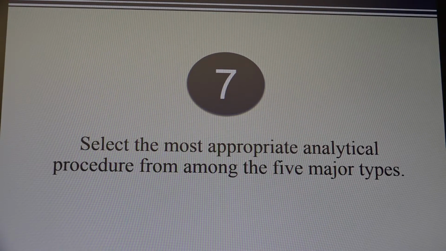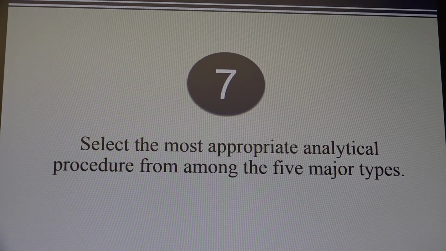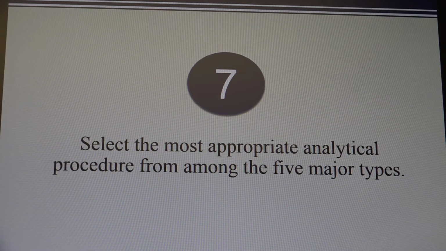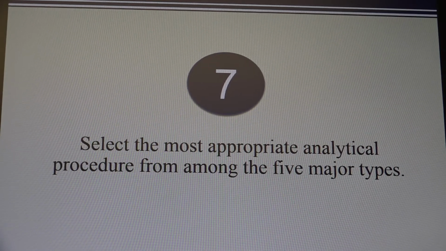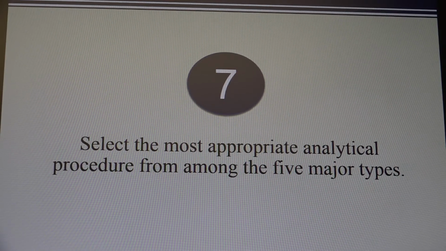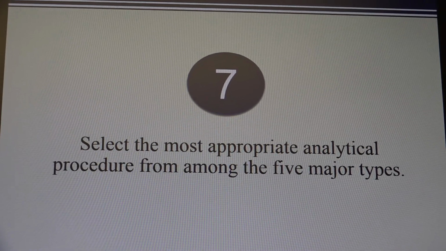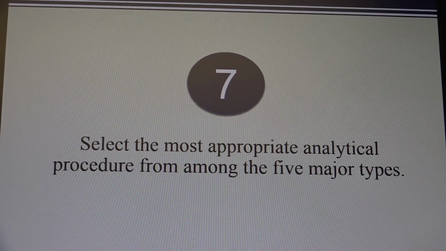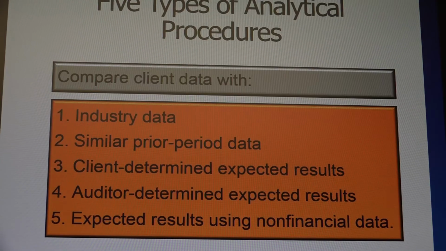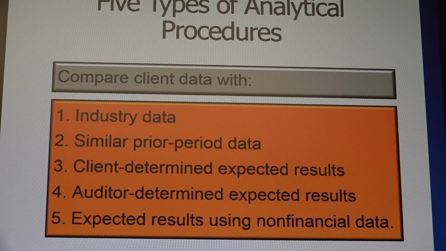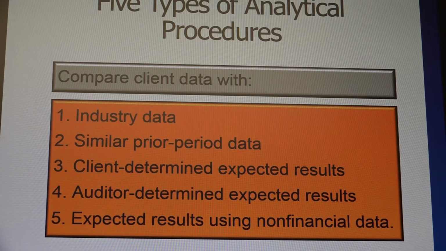Now, depending on the purpose of the audit and several other things, you might need to figure out what the most appropriate analytical procedures are for your audit client. And so there are 5 major types. Industry data. This is just comparing averages of companies in the same business.